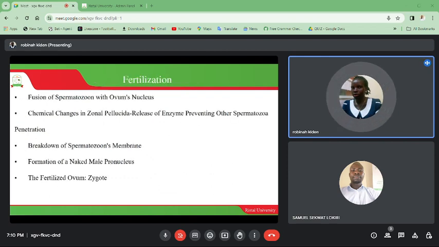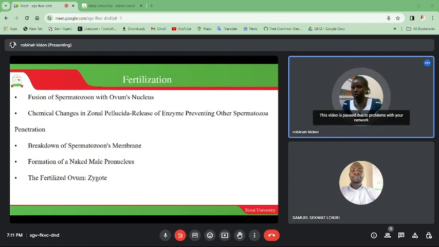So we still continue with fertilization. Like I told you, it is the union or the fusion of the spermatozoa with the ovum's nucleus. There is a chemical change that happens immediately when the spermatozoa meets with the ovum. Once the first spermatozoa meets with the ovum, there is what is called the zona pellucida, which is released.